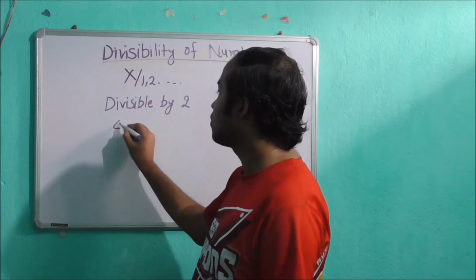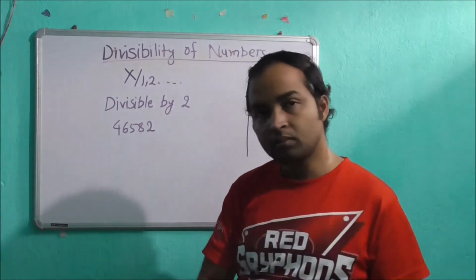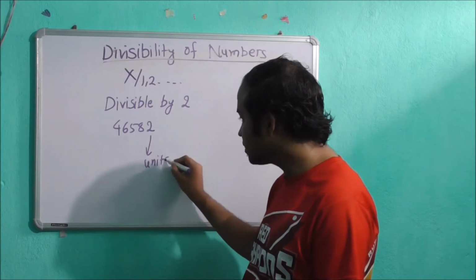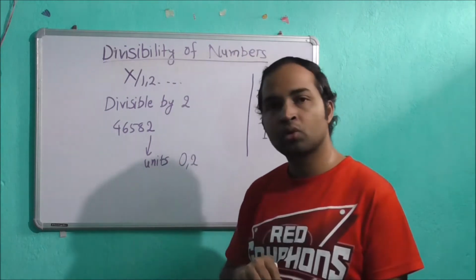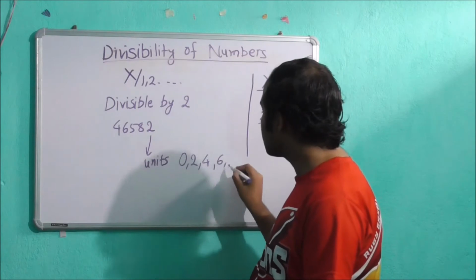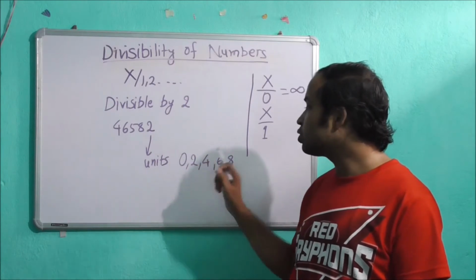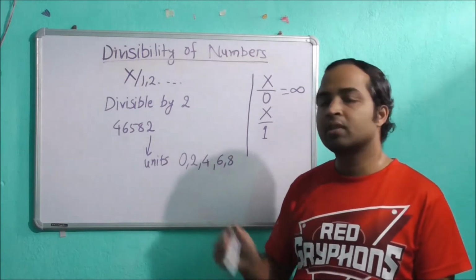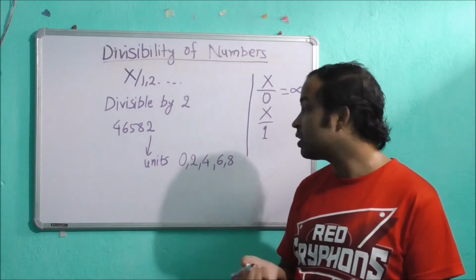If the number is 46582. If the number at the units place is either 0, 2, 4, 6 or 8, then you don't need to divide and spend all the time trying to find out whether there is a remainder or not.